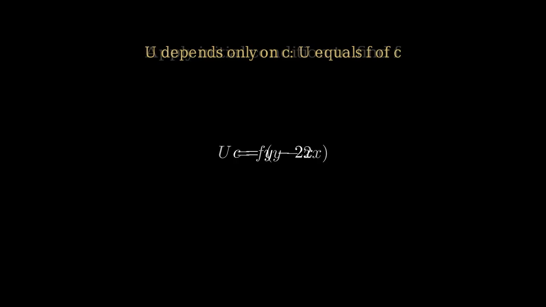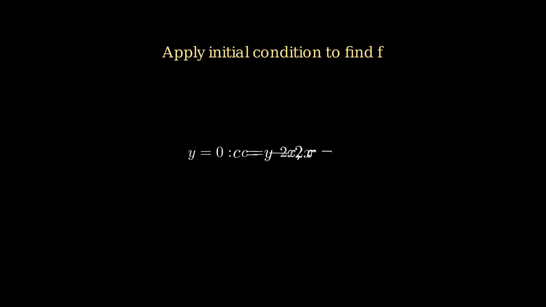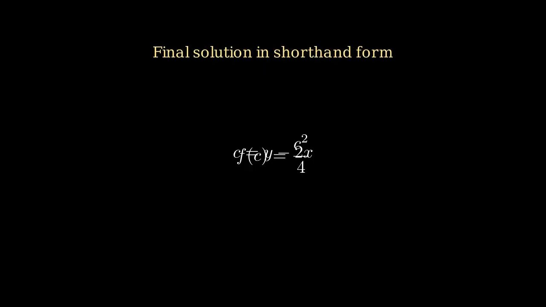Applying the initial condition on the line y equals 0, we have c equals negative 2x, so x equals negative c over 2. Substituting into u equals x squared gives f of c equals c squared over 4. Therefore, the solution is u of x comma y equals 1/4 times the quantity y minus 2x, squared.